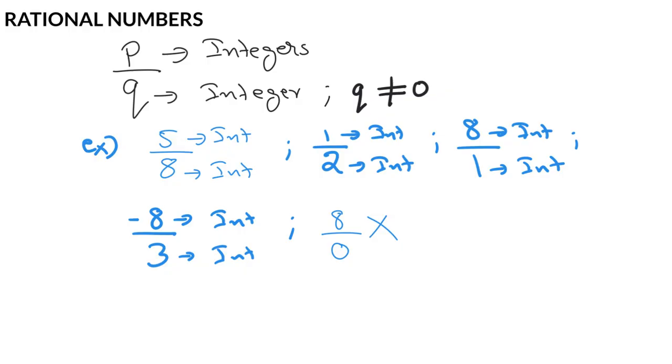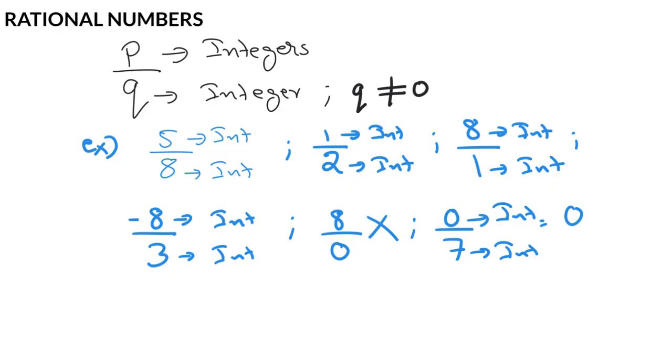The denominator cannot be 0. Therefore, 8 over 0 is not a rational number. Fine. Now think carefully. 0 over 7. Is it a rational number? Yes. Is 0 an integer? Is 7 an integer? Yes. So 0 over 7, which basically means 0, is a rational number.